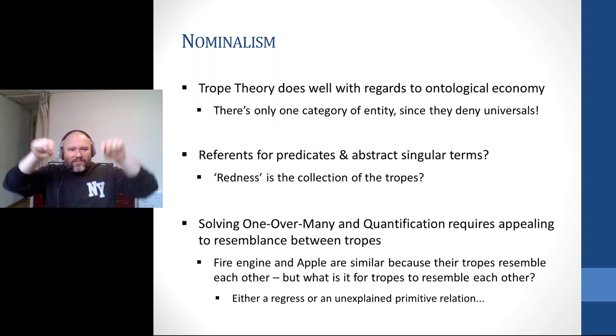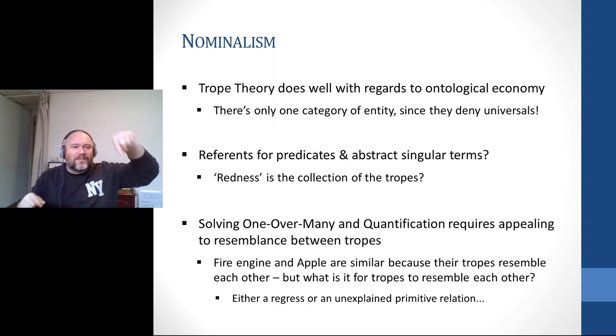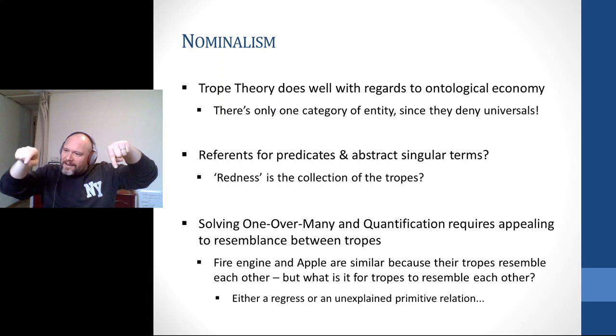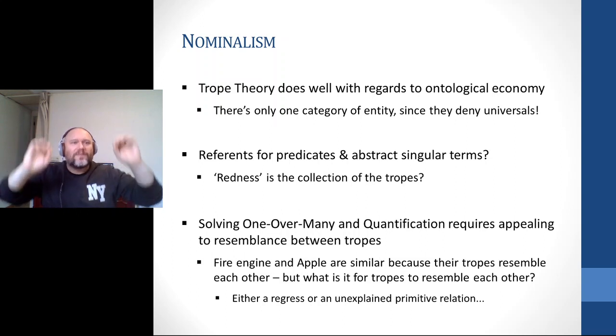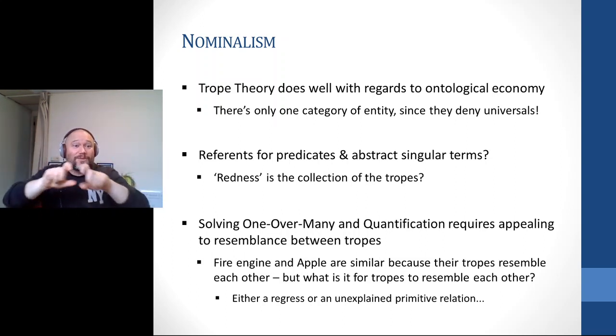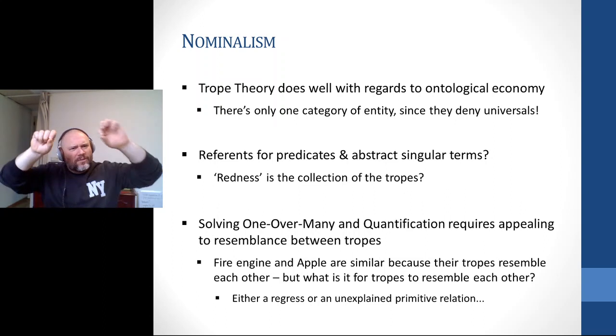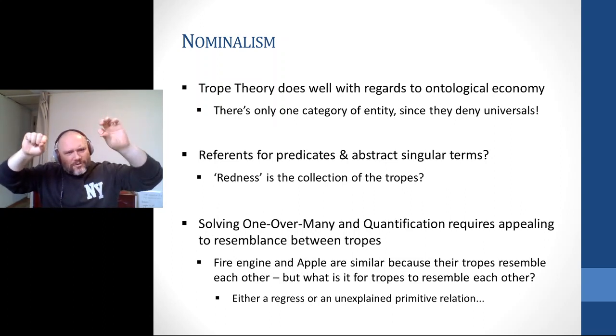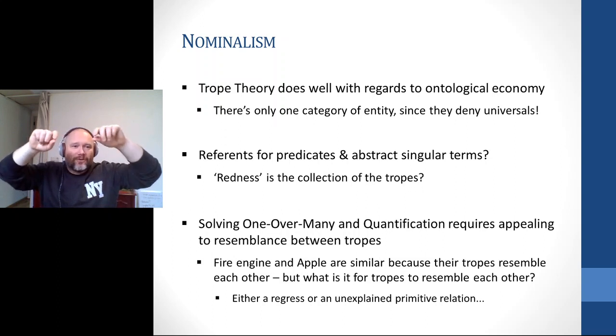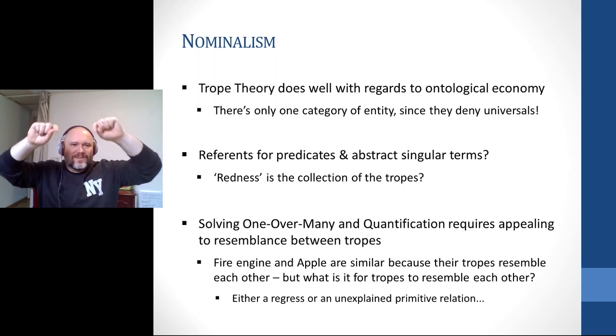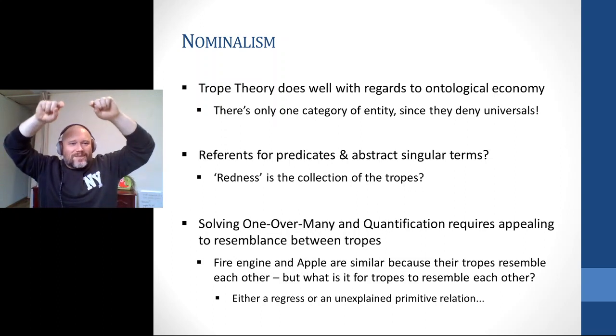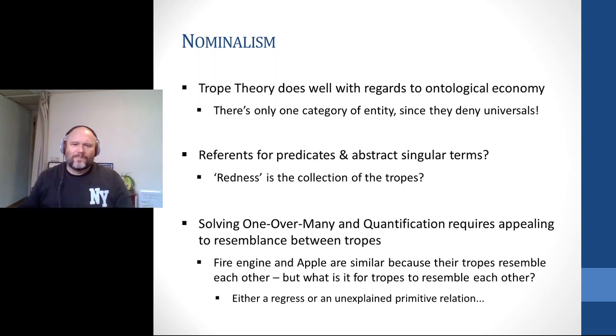That is, the fire truck's redness has a resemblance trope, and the red apple has a resemblance trope, and it's in virtue of having those resemblance tropes that these tropes resemble each other. But of course, now we can ask, why are these resemblance tropes sufficiently resembling to each other? Oh no, we need resemblance tropes, and then we'll need more resemblance tropes, and so on. So it could be a regress.